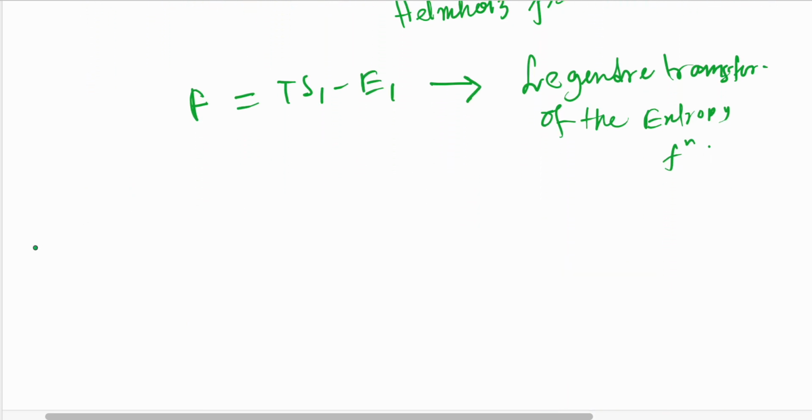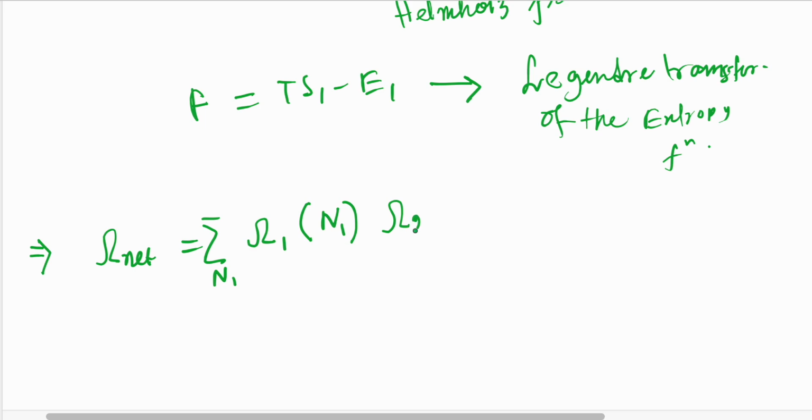So let's see that. Sigma net should be a function of n1. Only particles can change, so the particles of system 1 are n1, and the particles in the reservoir are the total number of particles minus n1.